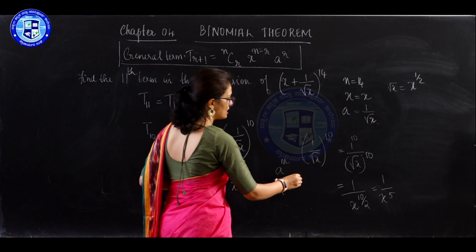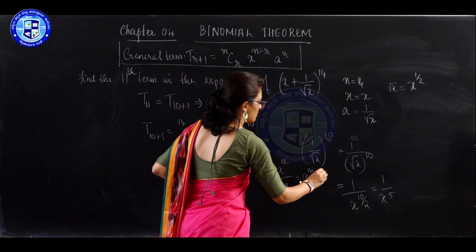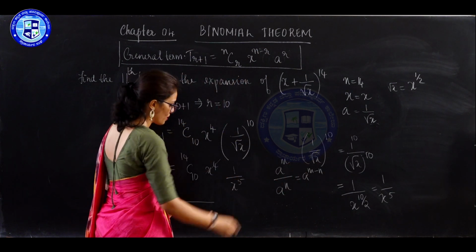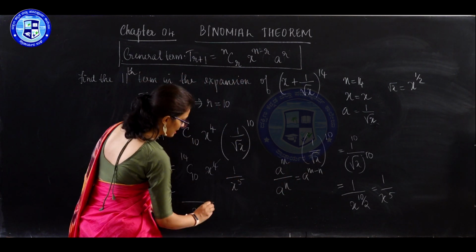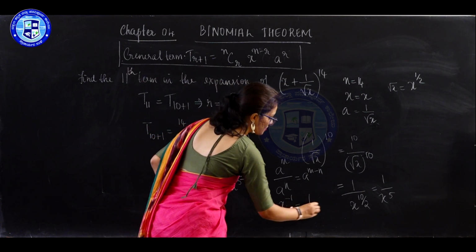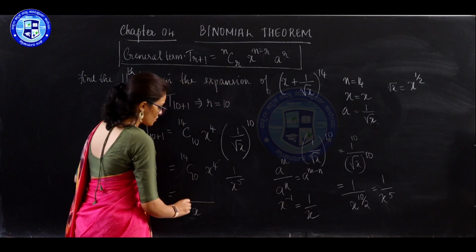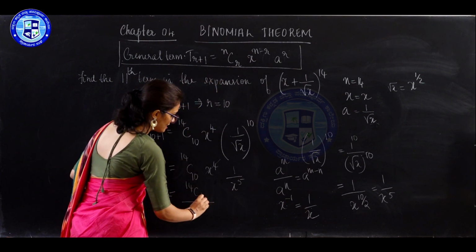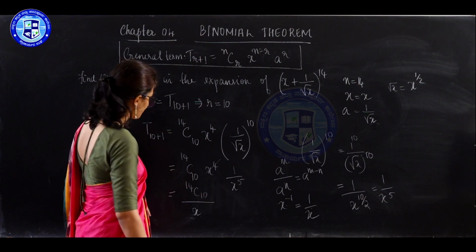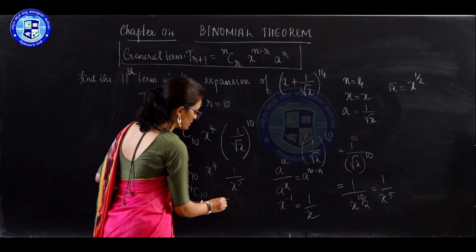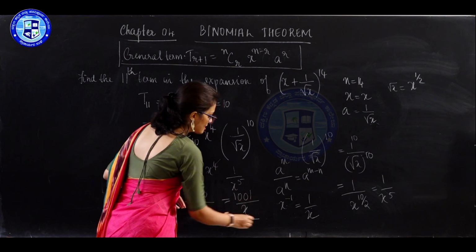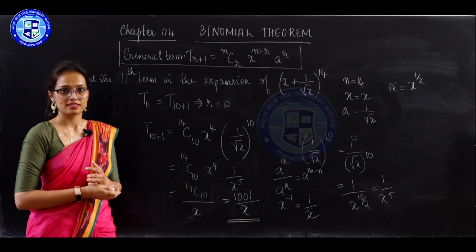You can calculate, this is a^(m−n). You can use this and you will see that x^1 will remain in the denominator, x^(−1) will remain, this we can write as 1 by x. So our answer will be 14C10 divided by x, and you can calculate 14C10, that will be equal to 1001 divided by x. This is our required answer.